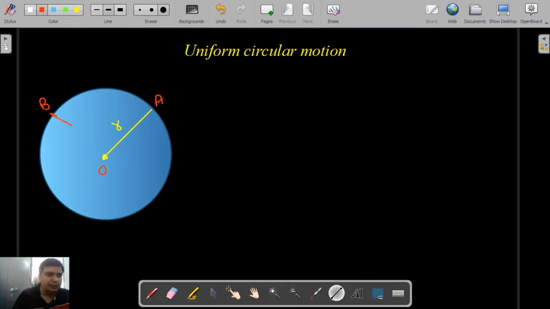So here the distance covered by the object is arc AB. So arc AB is representing the distance.